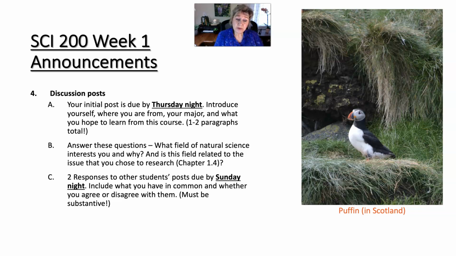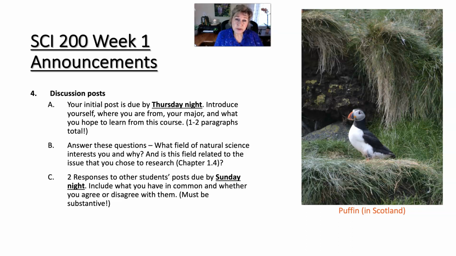Also, you're going to answer these questions. What field of natural science interests you most? And of course, for me, what I already put in the discussion board is biology. But of course, I'm interested in other sciences too. Why are you interested in this particular field of natural science?